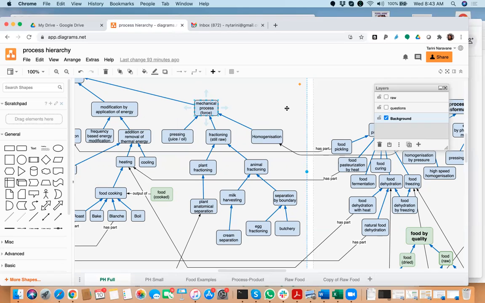So I think that all of these classes below mechanical force should have a parent class which says something about the orientation of the force. And so grinding would be there.